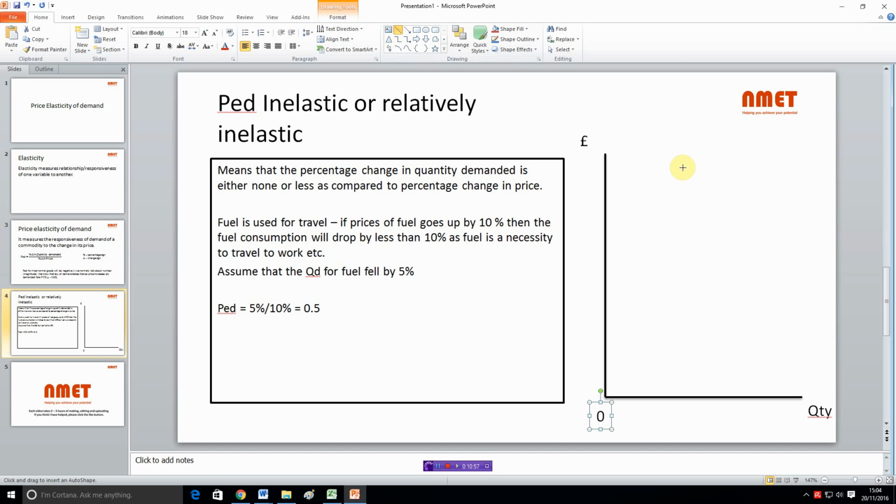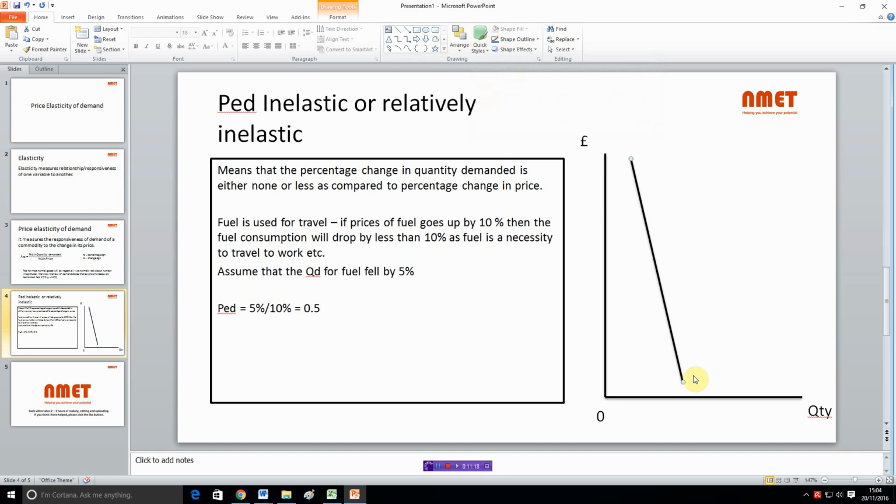Now, what sort of a demand curve would we have over here, where PED is inelastic, as we can see, PED is equal to 0.5? Would it be a vertical curve, something like this, with a steep slope?